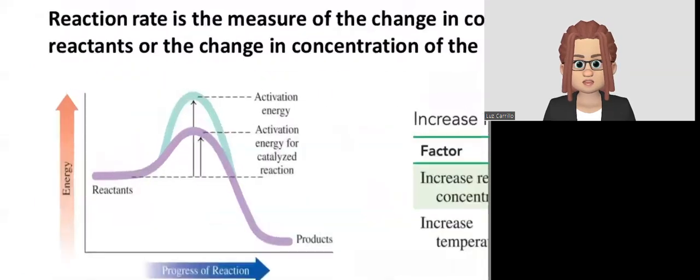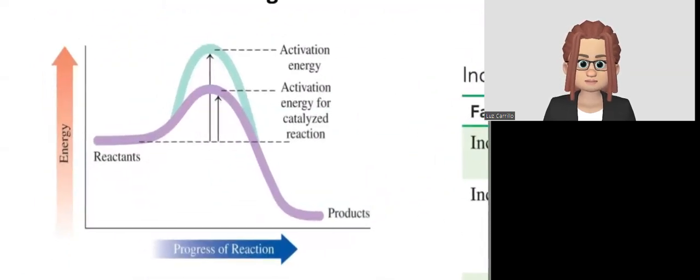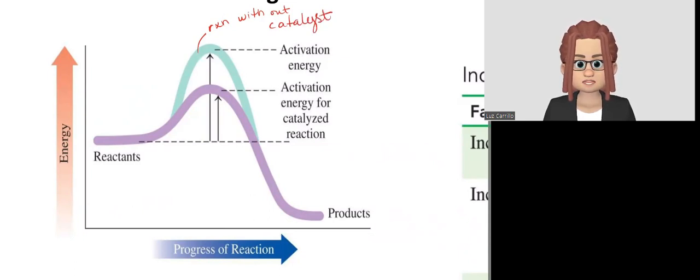So when we look at the following energy diagram, we can observe that the curve in the back that has that teal color represents a reaction with no catalyst. Rxn is my shorthand for reactions.